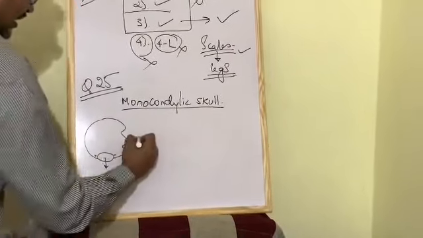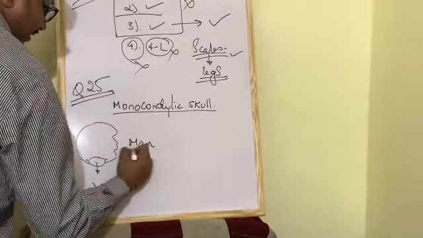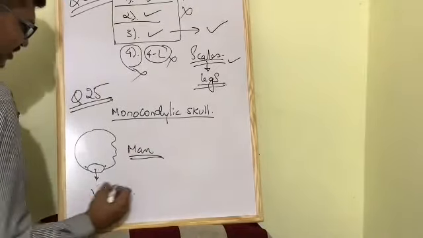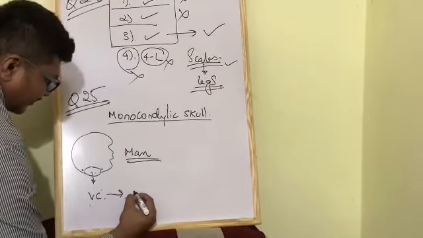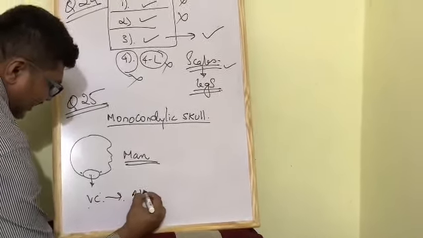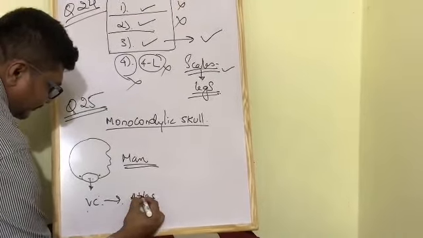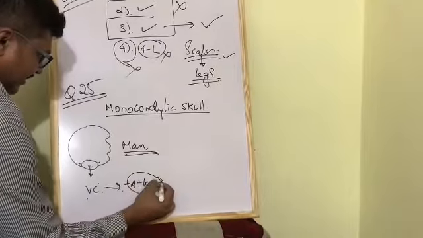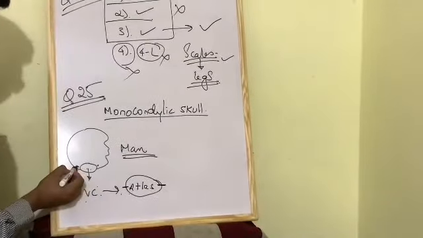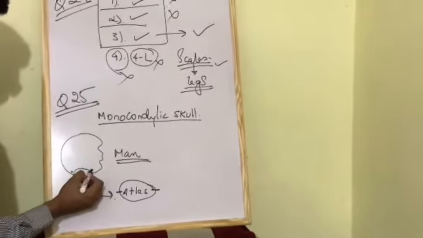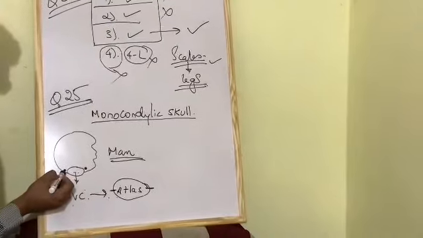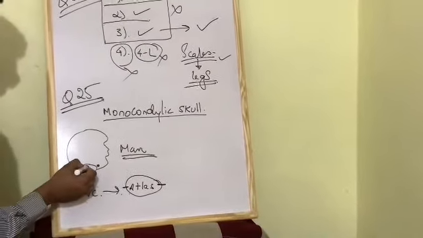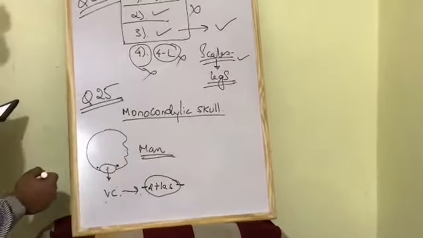For example, in man, the first vertebra of the vertebral column is atlas, and this atlas has 2 points which connect on both sides of the skull. It is going to enter into the hole which is provided in the skull.